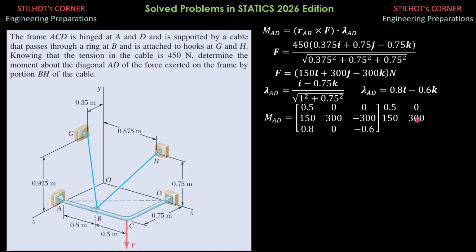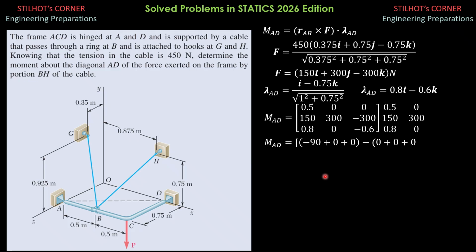Then we copy the elements of the first two columns. So as expected, moment of the force about AD is negative. So 0.5 times 300 times negative 0.6. The rest is 0. Minus 0, 0, 0. So it's 0.5 times 300 times negative 0.6, and that's negative 90.